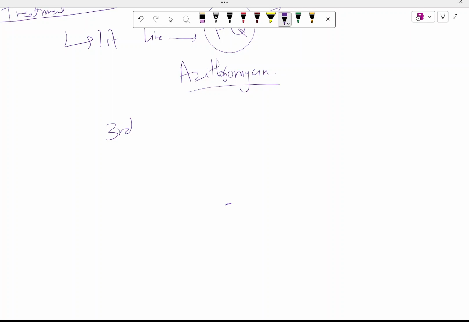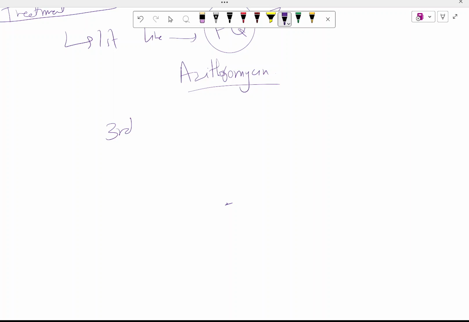The first complication which can arise is that the patient can be a carrier of Salmonella. What does it mean? It means you ask the patient to do a stool culture after a year of developing typhoid fever, and you will find there is a positive stool culture of Salmonella.